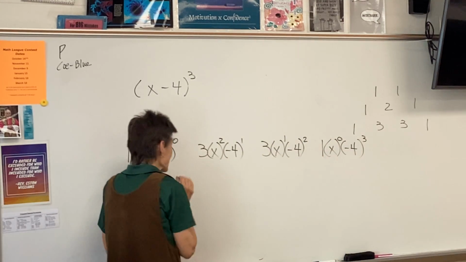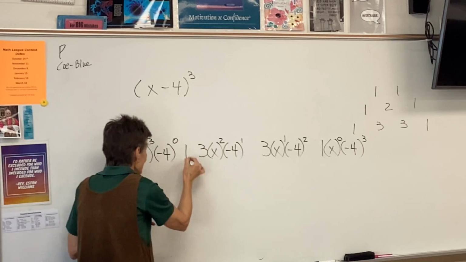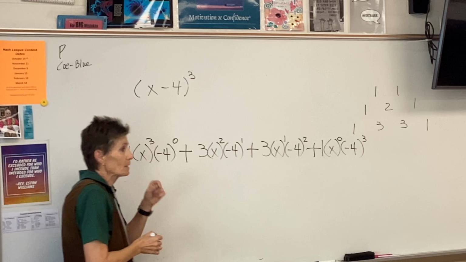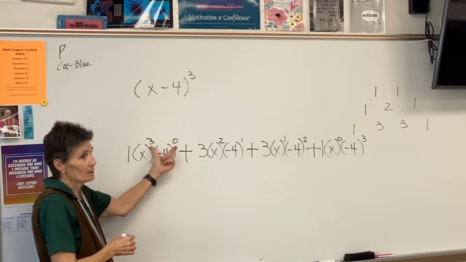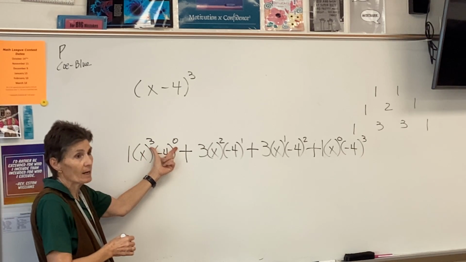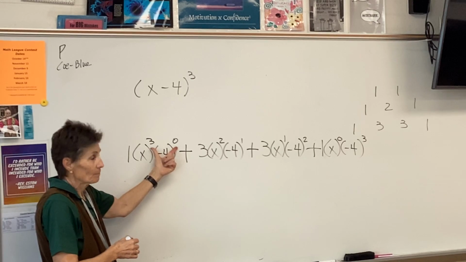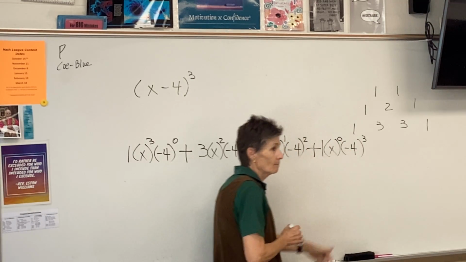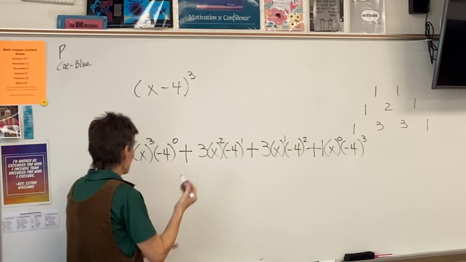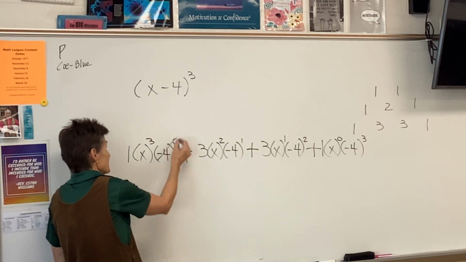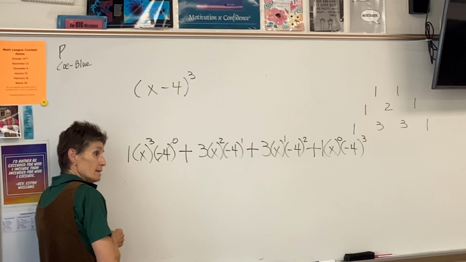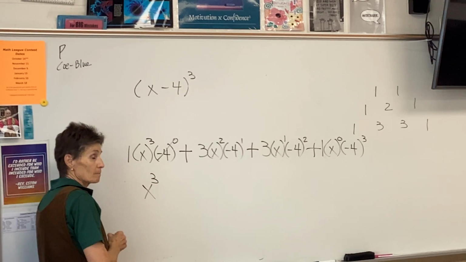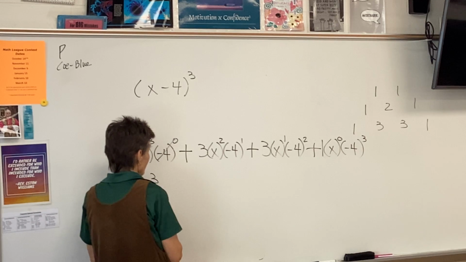Because each term, and these are individual terms, make sure you split them up, each term has a degree of 3. 3, 3, 3, 3. And now we simplify. Anything to the 0 is just 1. So this first term is just x cubed. What about the next one?